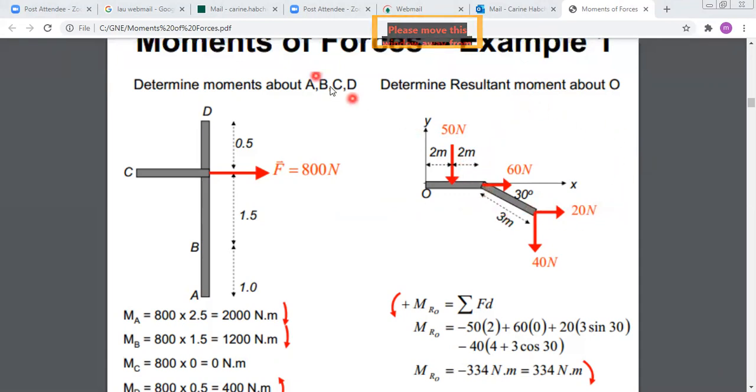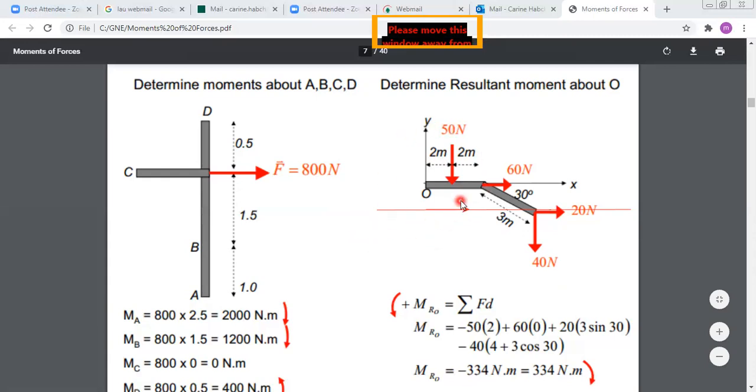If you want to see it better, look, if you displace a force along its line of action, it will produce the same moment about any point. So if you put this force here, how is it trying to rotate about O? It's rotating about O in the counterclockwise direction. Okay?